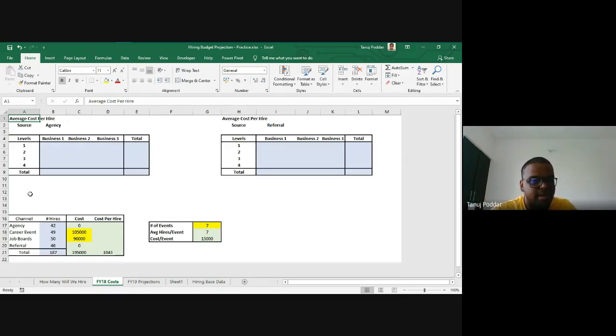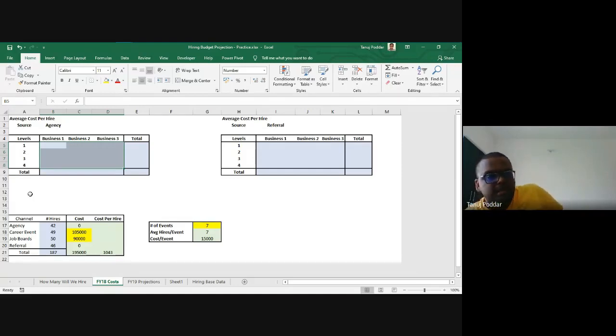So basically, what you need is the different levels and different businesses, so the number of people that you've hired for each of these cells. What is the average cost that you spend when hiring these people through agency?